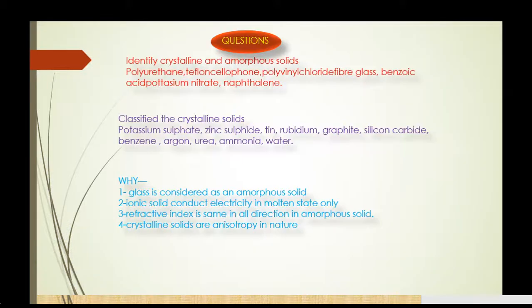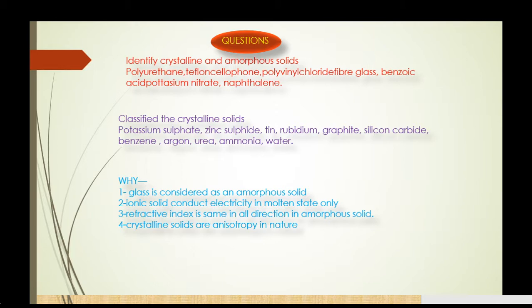Now some questions are there. Identify crystalline and amorphous solids. Some examples are written here. On the basis of characteristic features, you have to categorize these solids under the headings crystalline and amorphous solid. And now the second question, classify the crystalline solid.